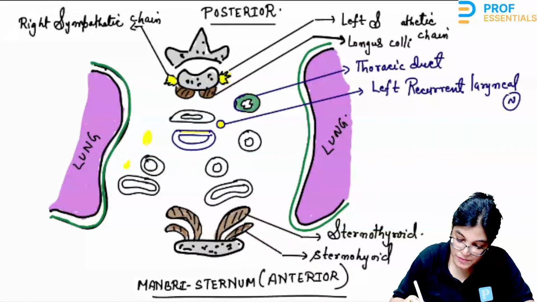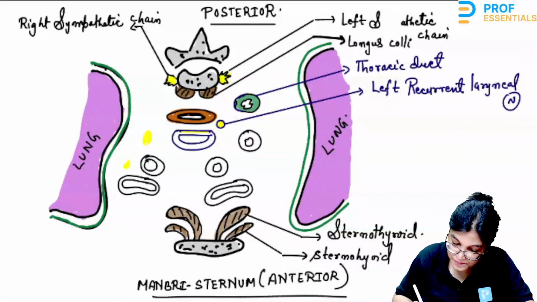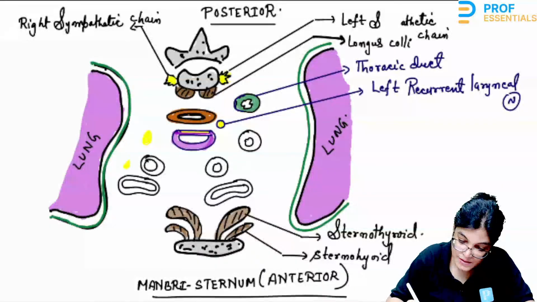You can use orange color for this tube-like structure. This is the esophagus. Okay, this ring will be the tracheal rings. This is the tracheal rings.